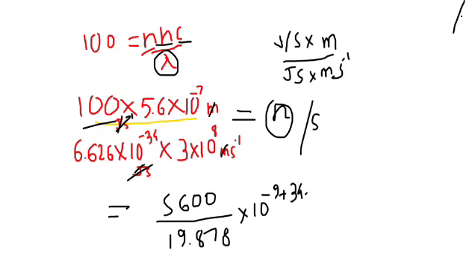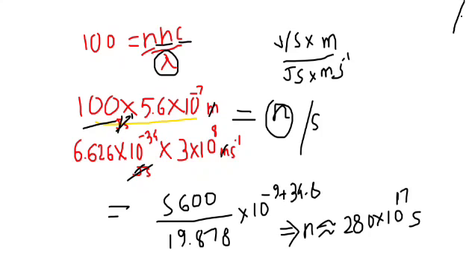Ultimately this will yield the number of photons, approximately equal to 280 into 10 to the power 17, in the unit of per second.